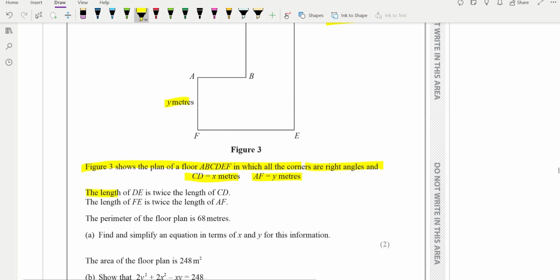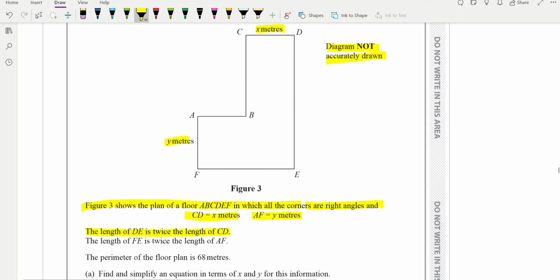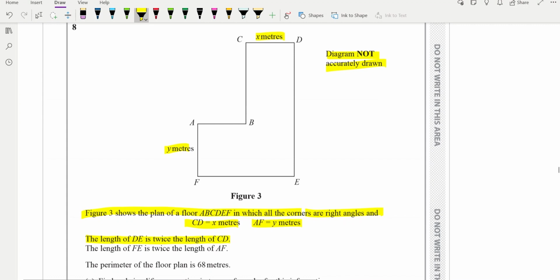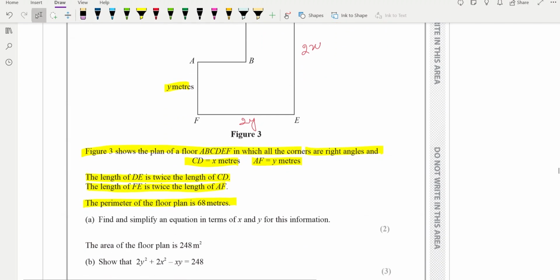And the length of DE is twice the length of CD, so this will be 2x, and then the length of FE is twice the length of AF, so this will be 2y. The perimeter of the floor plan is 68 meters. Find and simplify an equation in terms of x and y for this information.